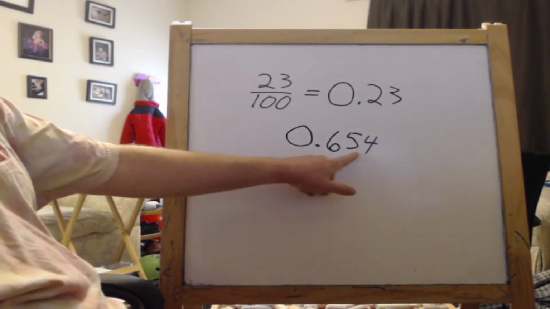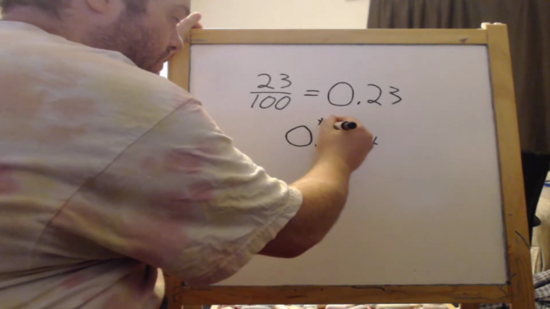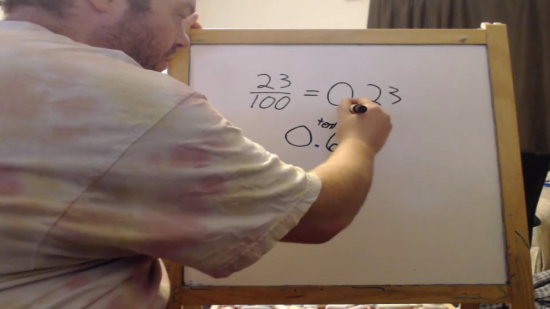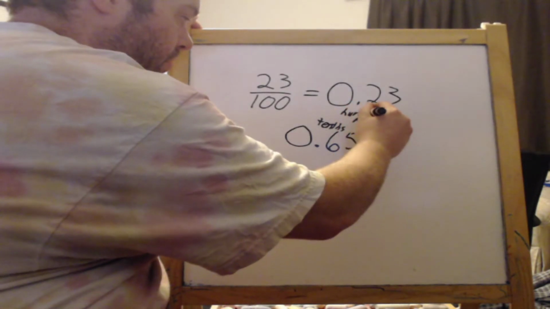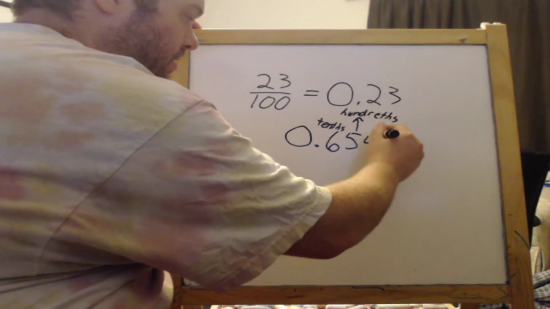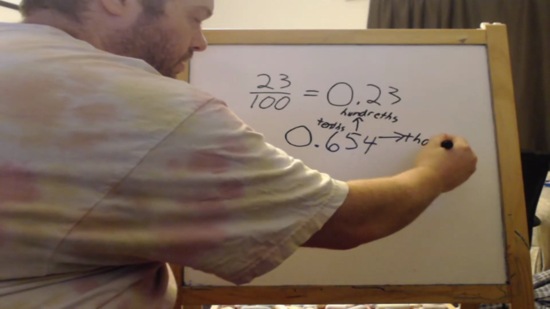So in this case, I know that this is tenths. This one is hundredths. And this one, the 4, is in the thousandths.